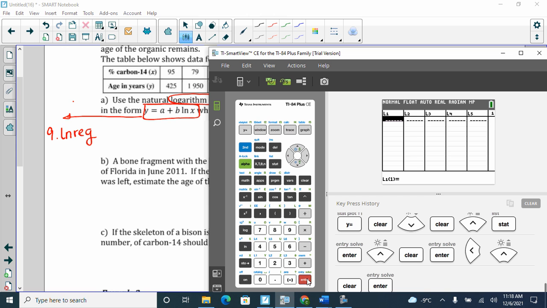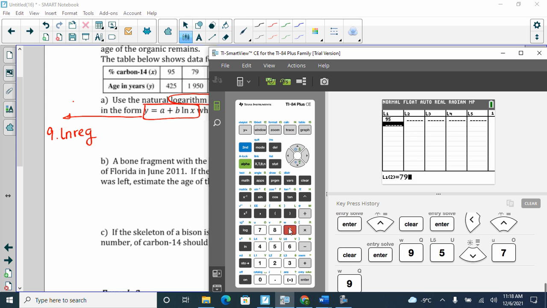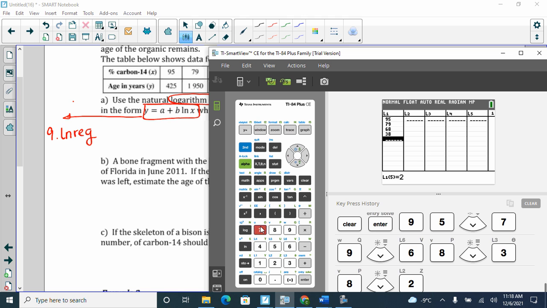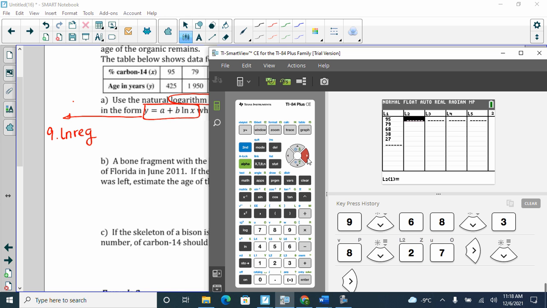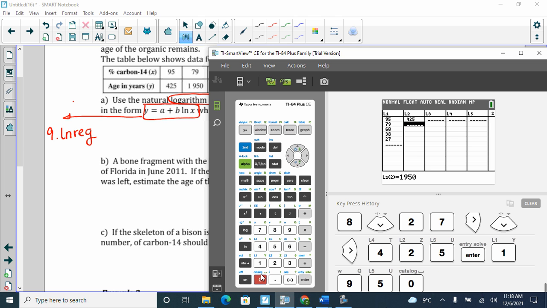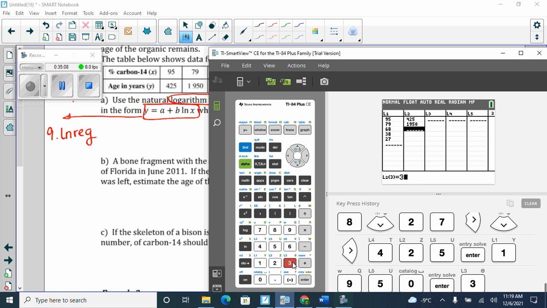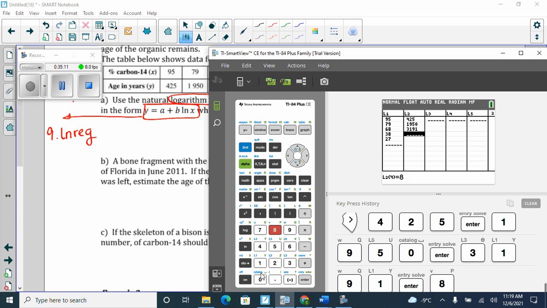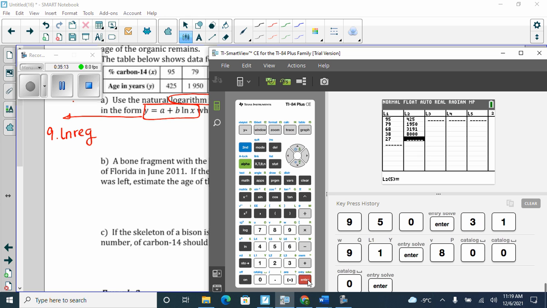We have 95, 79, 68, 38, 27, 425. Then we have 1950, 3191, 8,000, and 10,824. Okay, stat, calc.